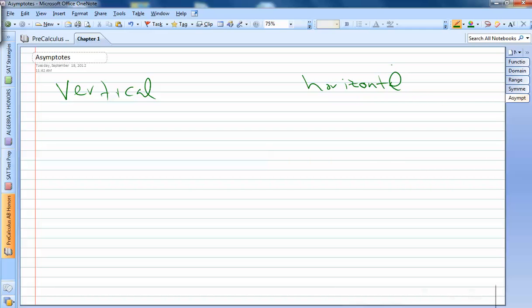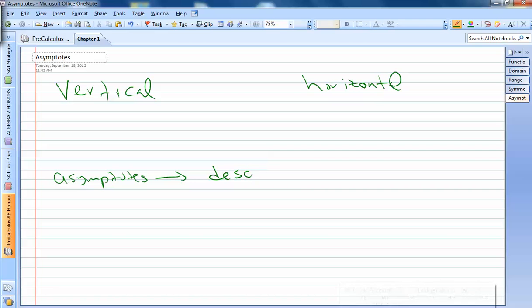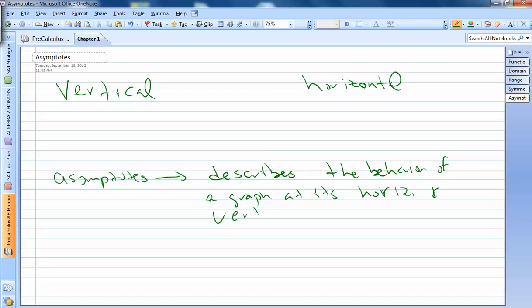Now, an asymptote basically describes the behavior of a graph at its horizontal and vertical extremities.